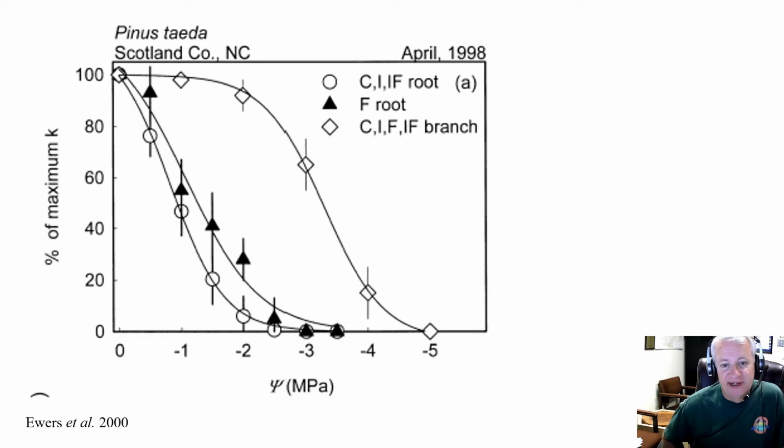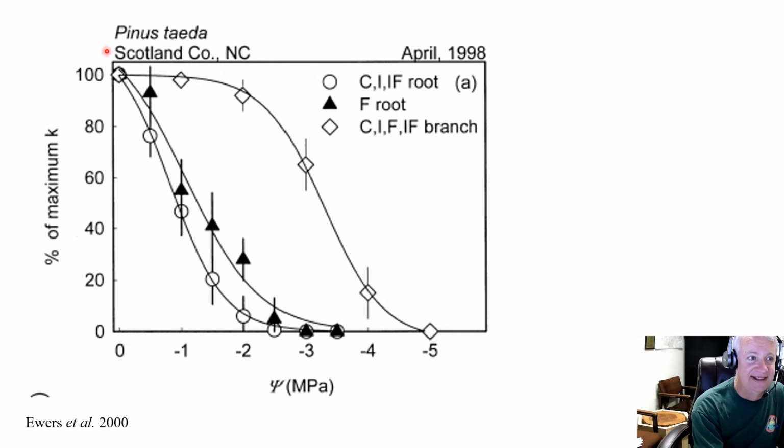Okay, here's another presentation of xylem vulnerability curves, but in this case, we're looking at variation between root and branch vulnerability to cavitation in loblolly pines. So we're looking within a species at how vulnerable different organs are to cavitation. And again, we're seeing variation in how people present this. In this case, the y-axis is backwards or reversed relative to what we have typically seen, where this shows percent of maximum conductivity.